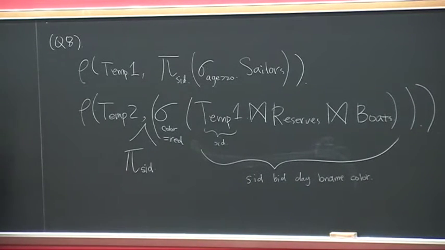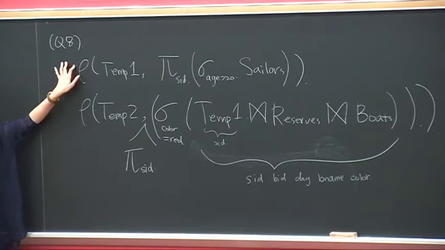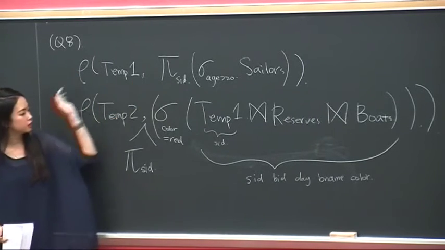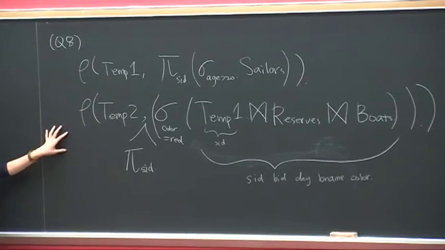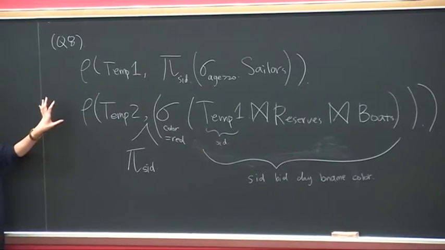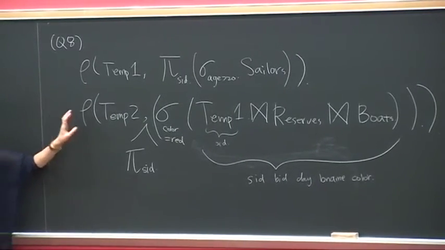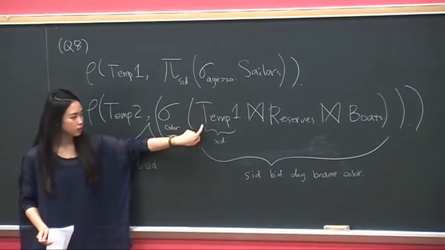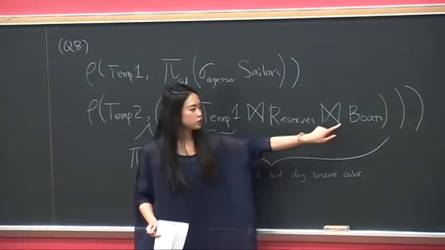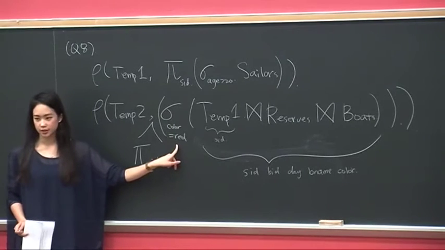So let's rethink again while we're doing this. For this part, we're taking those sailors who are greater than 20 years old, and we keep the SID information. And for this one, we are saying we want the sailors who are not only greater than 20 years old, but who have also reserved the boat that is red.